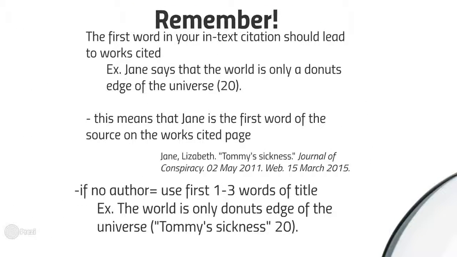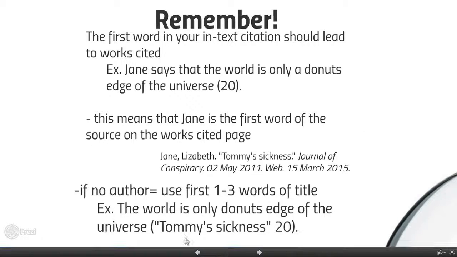But remember, the first word in your in-text should lead to, which is our 4th point, your works cited page. If the example says, Jane says that the world is only a donut's edge of the universe, Jane should be the first word we find in the works cited right here. Jane, Lisbeth, Tommy, sickness.